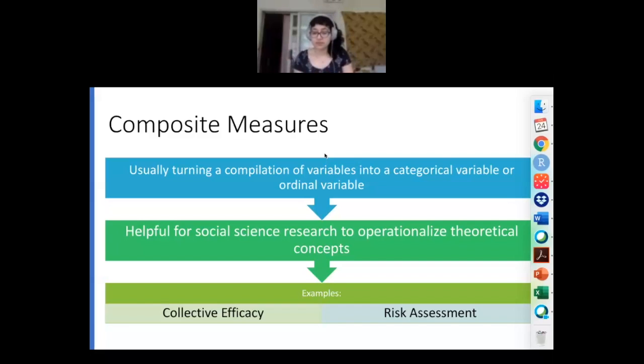Two examples I'm going to go over are collective efficacy, which is used in social disorganization theory, and risk assessment, which is very big in criminal justice as we've moved more to data-driven analysis and trying to reduce risk in general, where risk is a big concept that is being perpetuated in the criminal justice sphere.